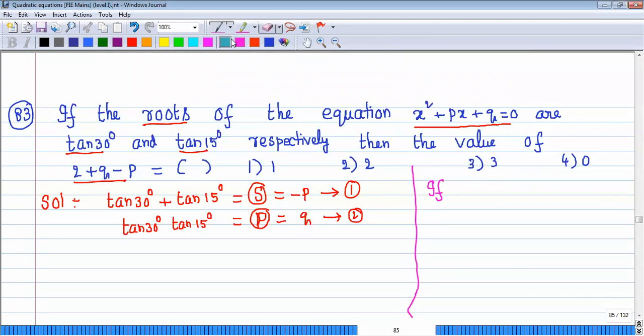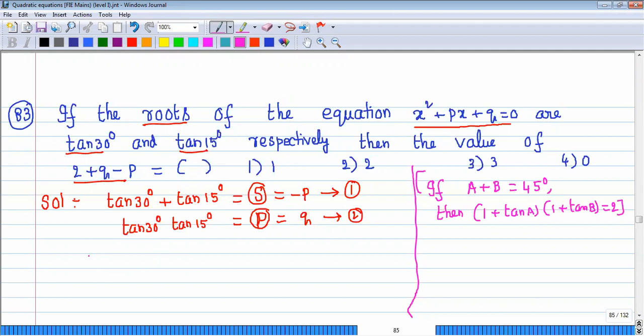If A plus B is equal to 45 degrees, then 1 plus tan A into 1 plus tan B equals 2. Use this important note. You check, 30 plus 15 is 45.